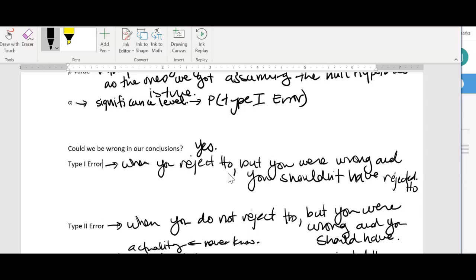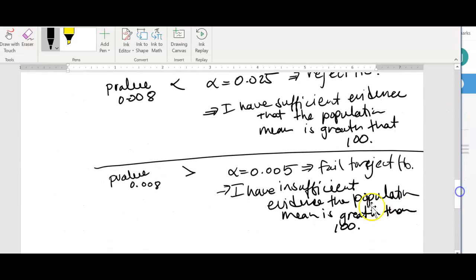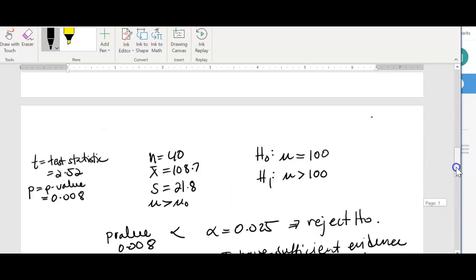It's the probability that I'm okay with making a type 1 error. If it would be a really bad consequence to make a type 1 error, then I would make my alpha really, really small.